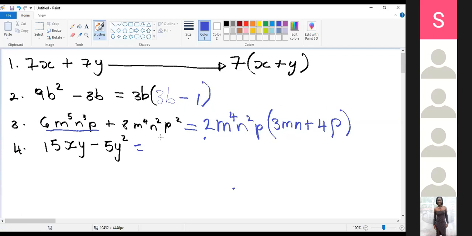Number 4. What is the highest common factor? 5y. Great. So 5y into 15xy gives you? 3x. And 5y into minus 5y squared gives you?